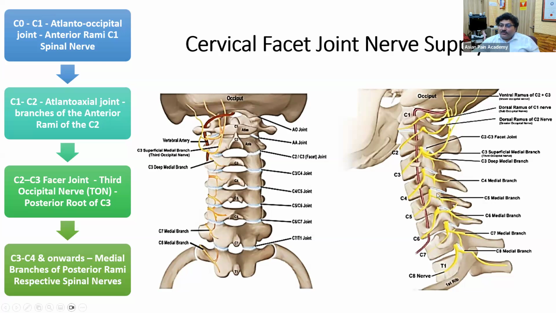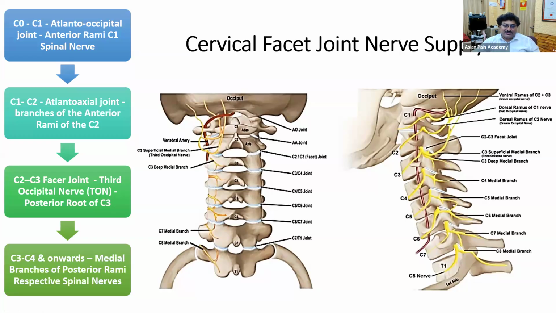So for one facet joint, for example, this is the C4, this is the C5, this is the C4 C5 facet joint. It is supplied by a branch from the C4 and a branch from the C5. So in the cervical area, the C4 C5 facet joint will be supplied by the posterior medial branch of the dorsal rami of the C4 and C5 spinal nerves.